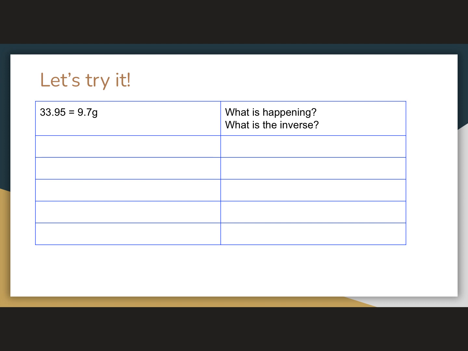Here, what's happening to my G? I am multiplying by 9.7. So the opposite is going to be dividing by 9.7. So here I have 9.7 G divided by 9.7 equals 33.95 divided by 9.7.